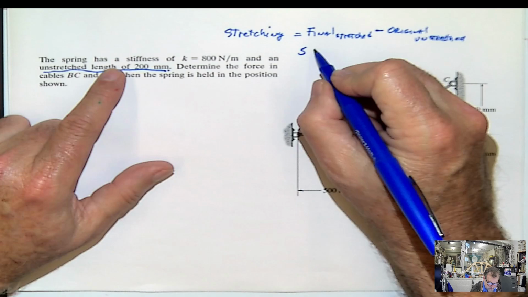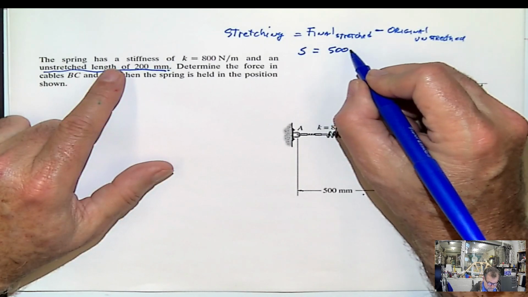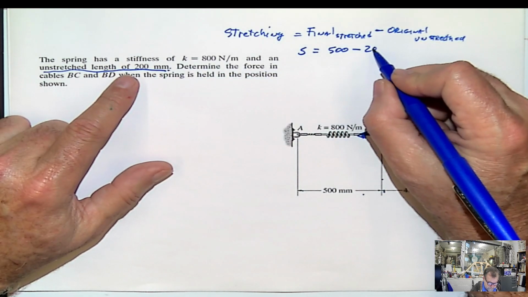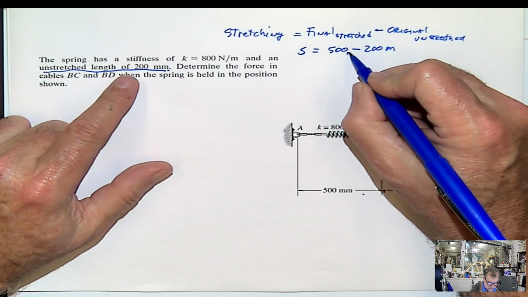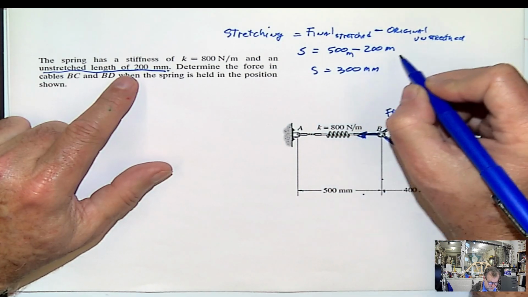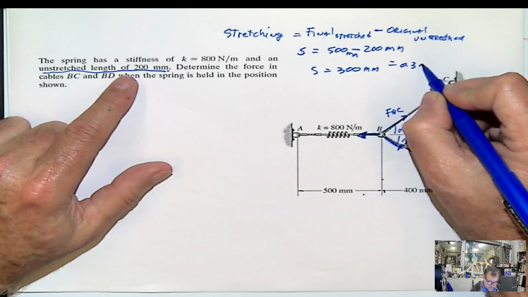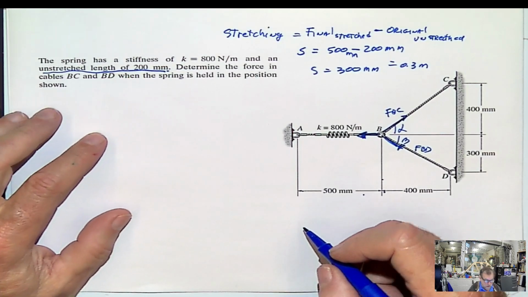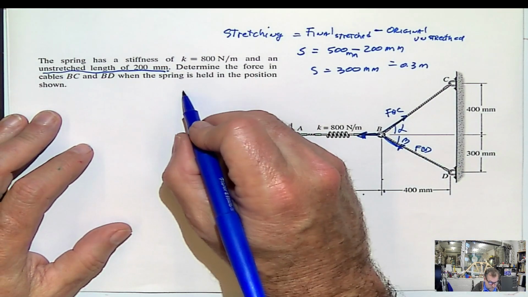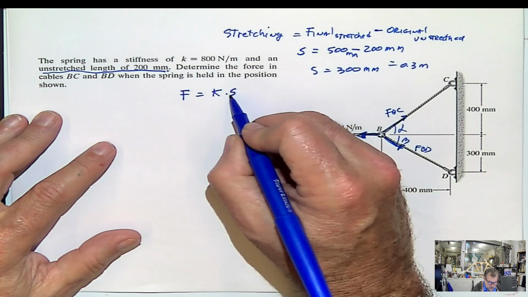So the stretching of the spring will be 500 millimeters minus 200 millimeters, will be 300 millimeters or 0.3 meters.